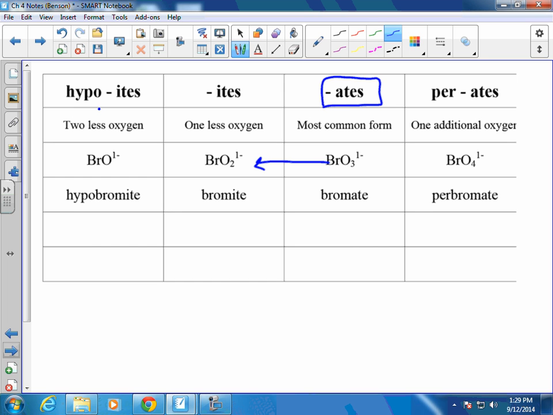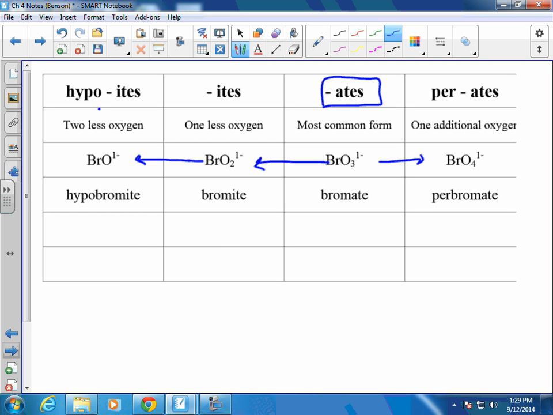The charge stayed the same, the elements are the same, just 1 less oxygen. And then from the -ites to the hypo-ites, it's 1 less oxygen again.